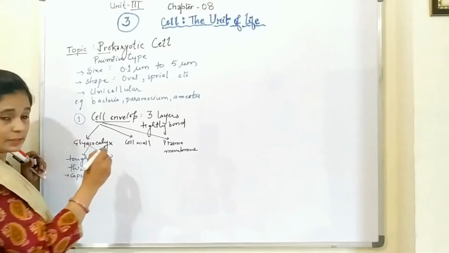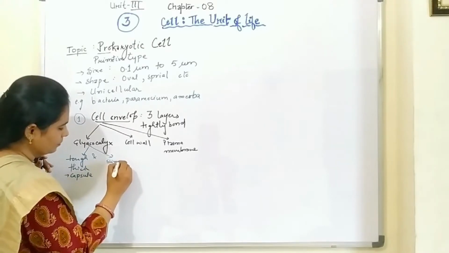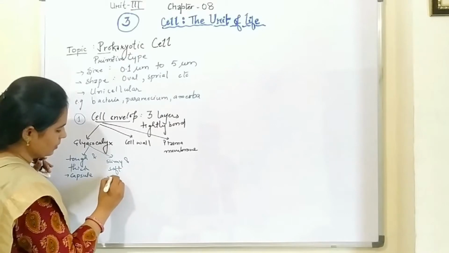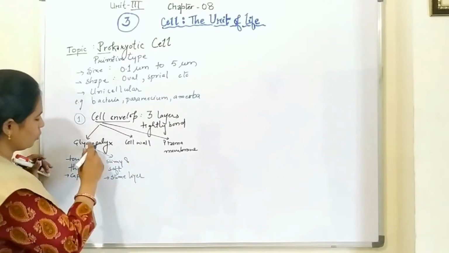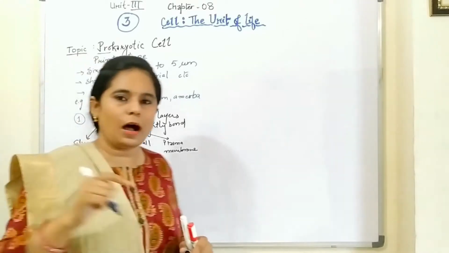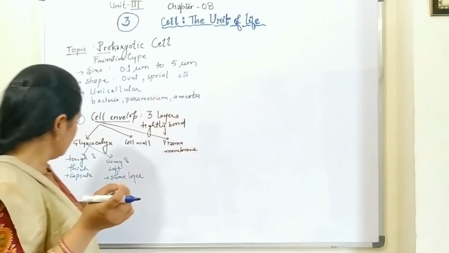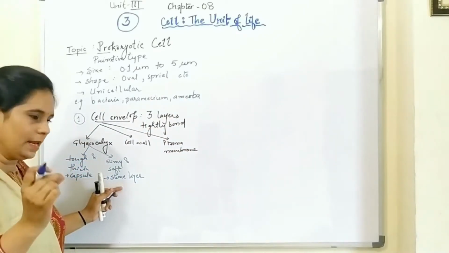And if this glycocalyx is slimy and soft, you will call it a slime layer. So glycocalyx is the outermost, and the composition and thickness varies. Here the thickness is much and here the thickness is little less.